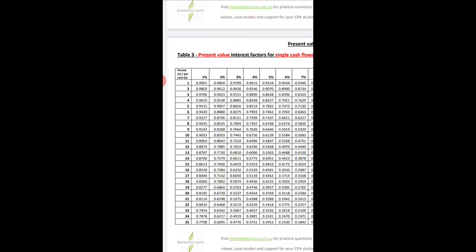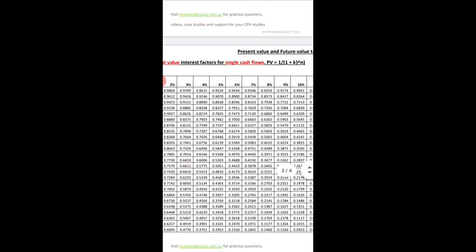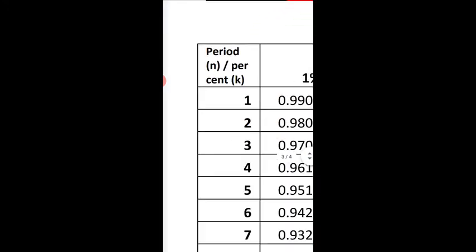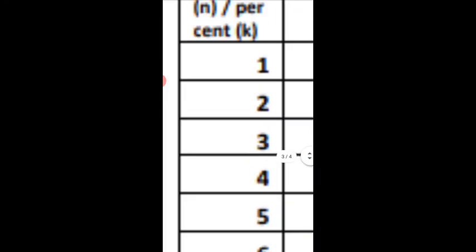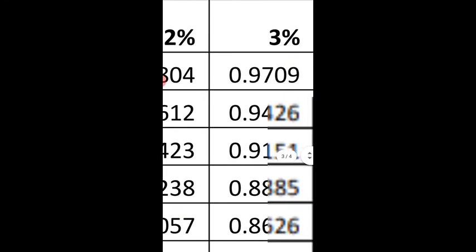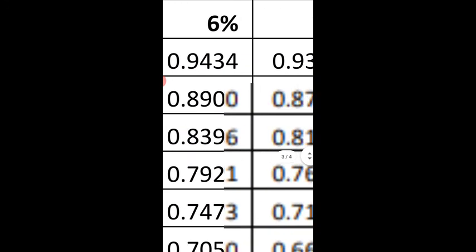Now if you remember, in the problem it said the discount factor is 10% and we have to find out the factors for 1, 2, 3, 4 and 5 years. So we have to take the factors for these 5 years, and at what rate? We have to consider the rate at 10%. So the rate 10% is over here for 5 years.